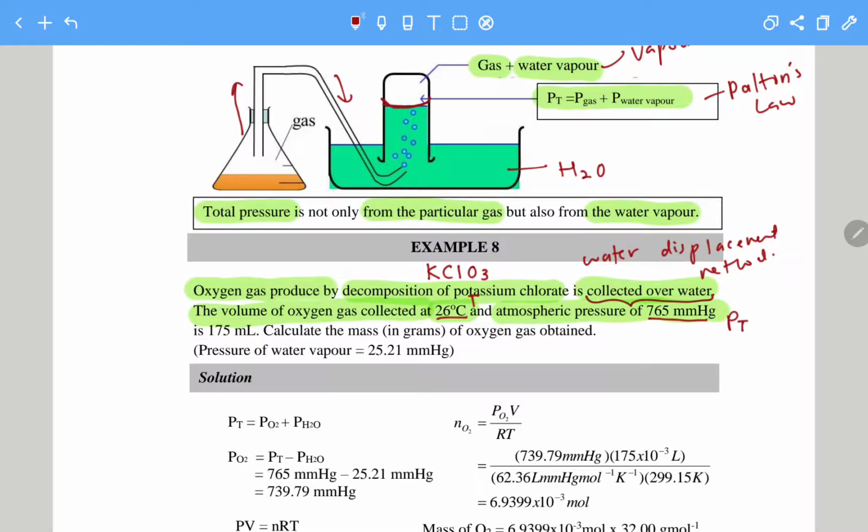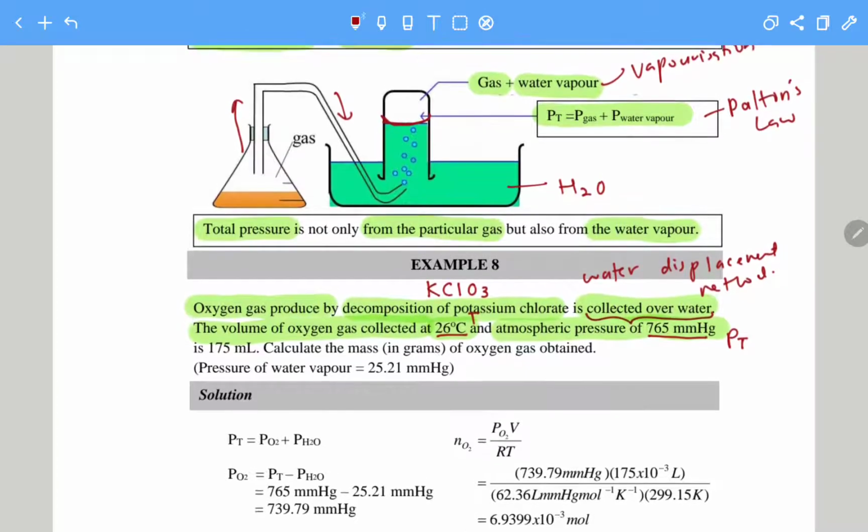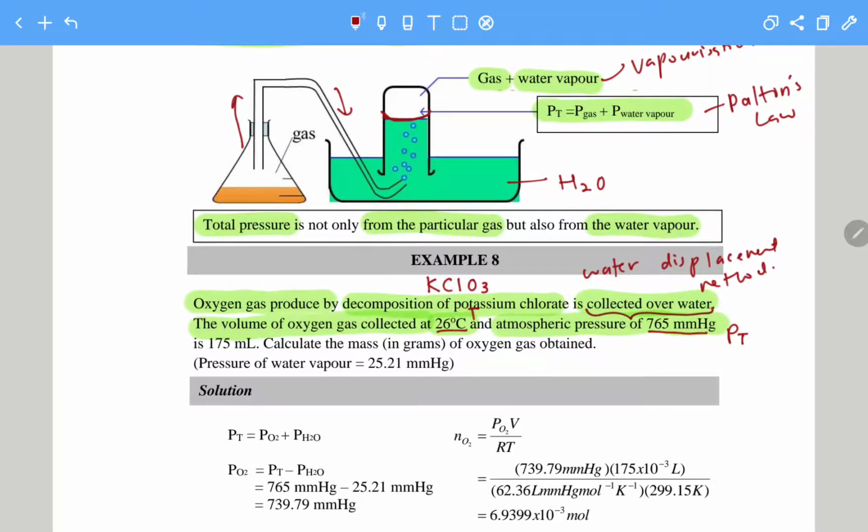Macam mana kita tahu 765 mmHg ni adalah total pressure? Because for your information, kalau dia nyatakan nilai atmospheric pressure 765 mmHg, dia sebenarnya refer kepada total pressure of the mixture of the gas inside the chamber. Okay, inside here. Right, so this is your actually total pressure.